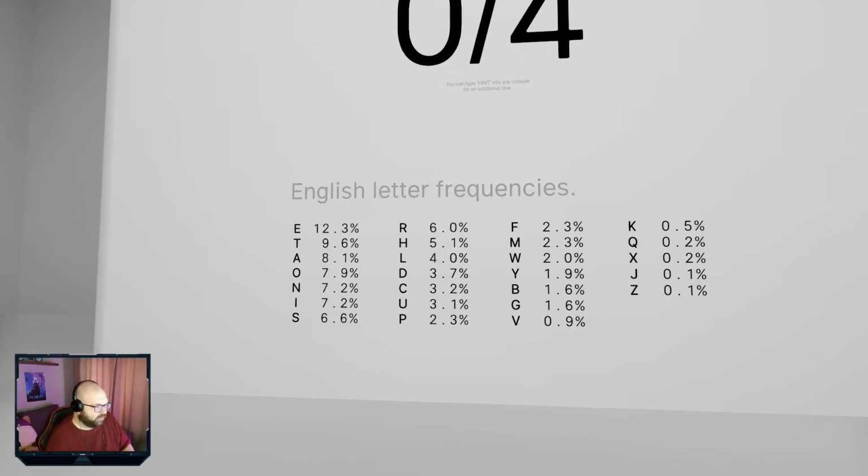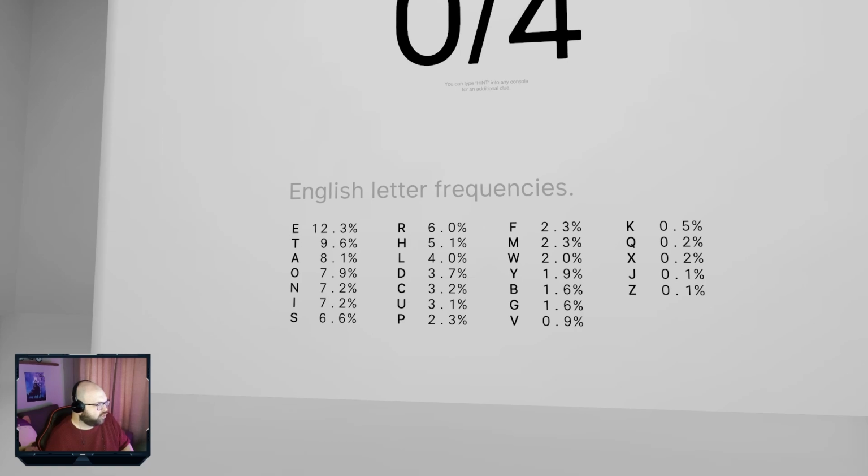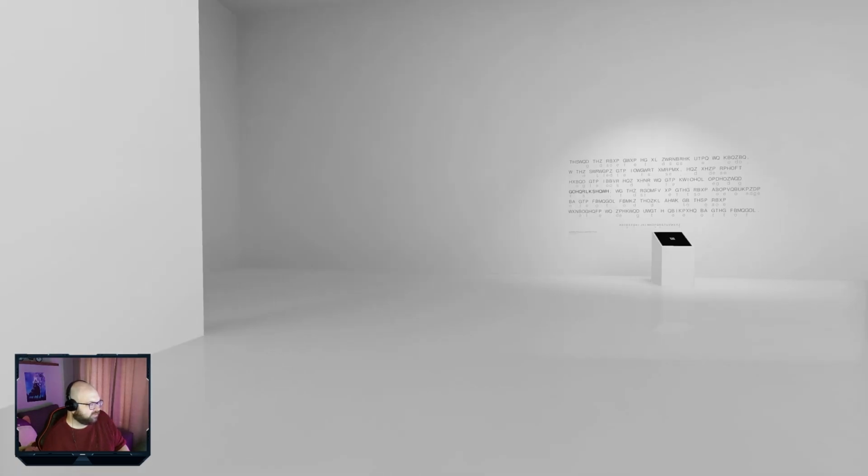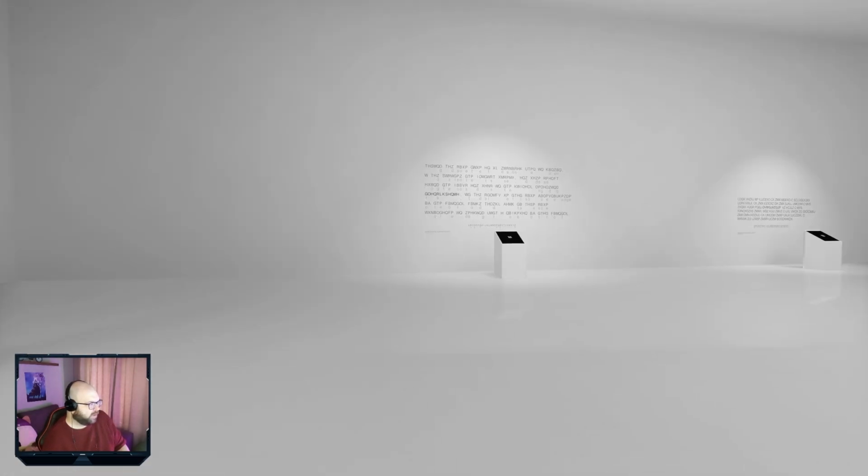T is like 9.6%. I don't know if that actually helps me. It's the second most common letter. However, is this the translated one? Hold on. Is this English letter frequencies in normal English, or is that the translated one? So like U is 3.1%, which makes sense of it being so low in that one.